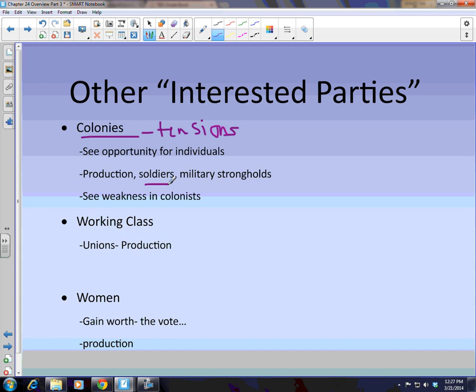Third, other countries entered the war for reasons of national policy that had nothing to do with Franz Ferdinand's assassination or alliance considerations. So we'll talk about Japan in a little bit. But these colonies could also be seen for production and also military strongholds. So places in Africa would be easier to get to by other colonies. Soldiers could seek opportunities to advance from these colonies.